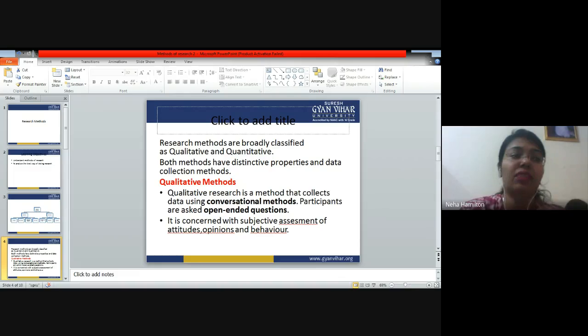In the same way, your behavior can be good, it can be bad, it can be very good, it can be very bad, but it cannot be 30% good, 40%. How will you quantify that? You cannot quantify that. So these are the areas in which qualitative research is being used, right?